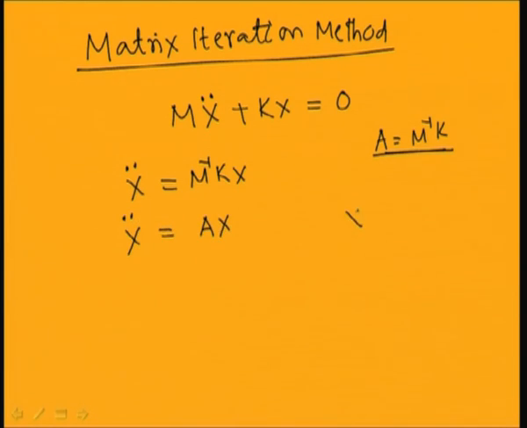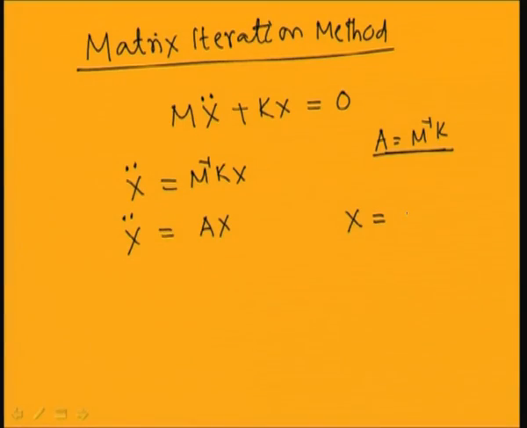Now, by considering the normal mode vibration, I can take x equal to X e to the power i omega t. By taking e to the power i omega t or sin omega t, I can get x double dot equal to minus omega square x.